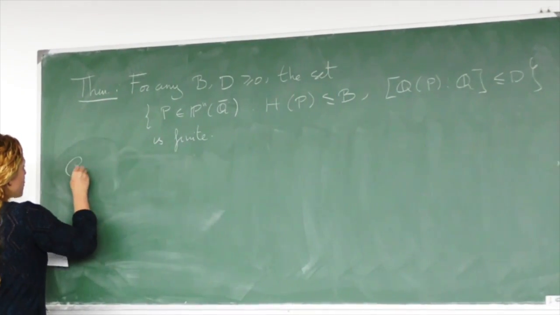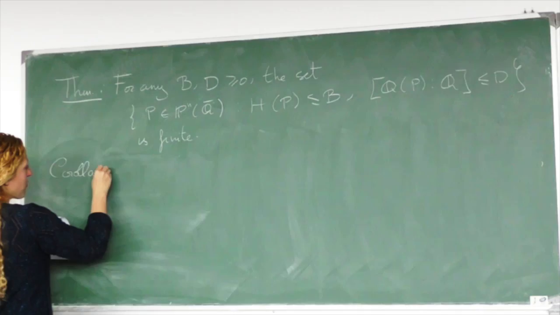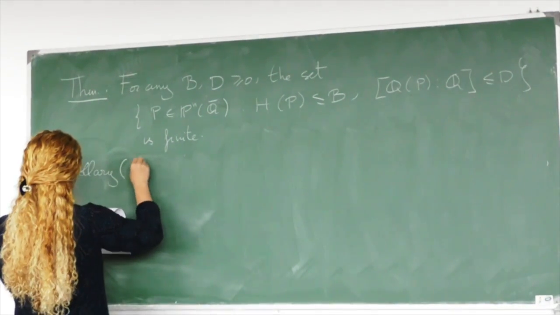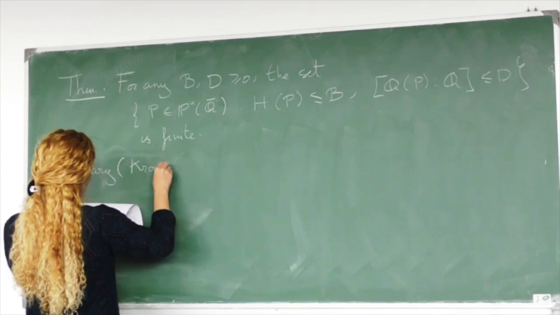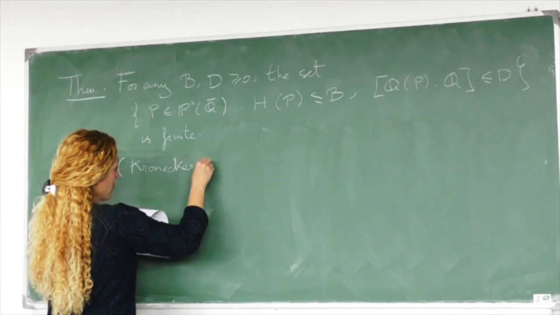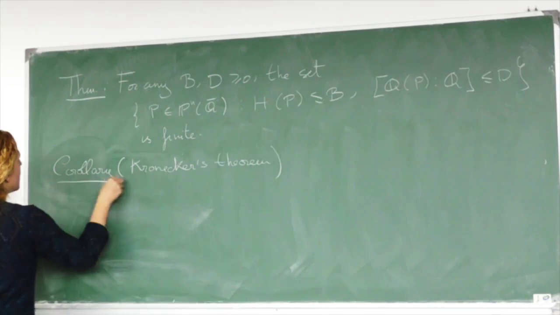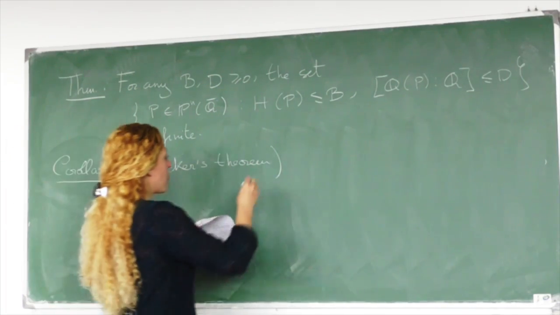Okay, so first corollary, and actually it has a name, so it is an important one, it is called Kronecker's theorem, and we are going to prove it as a corollary of this theorem.